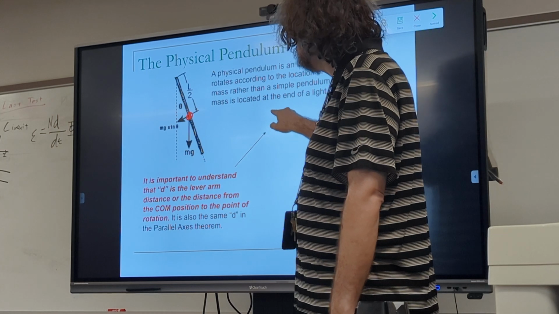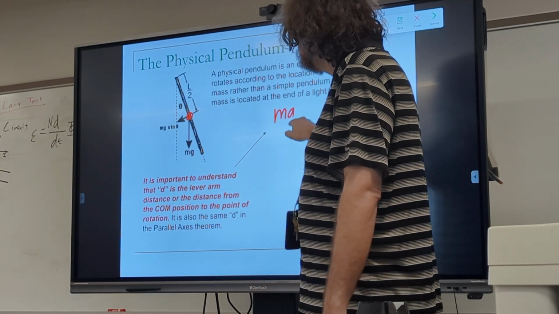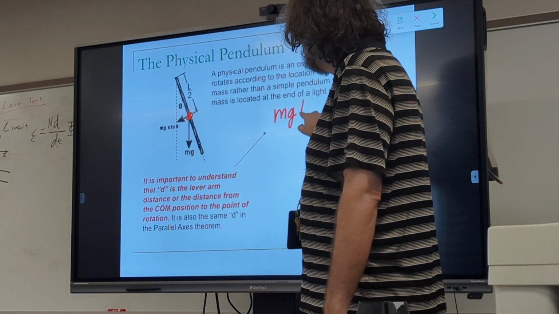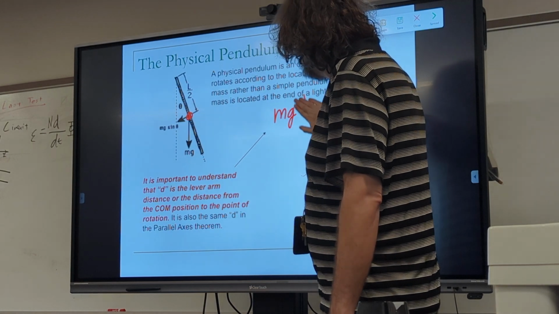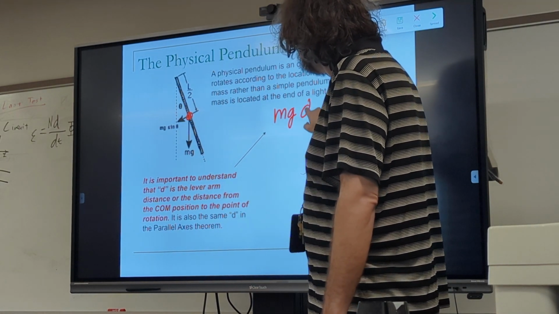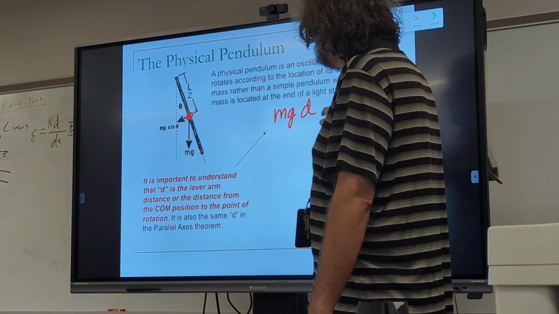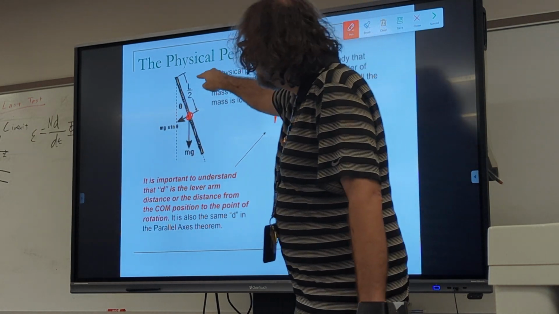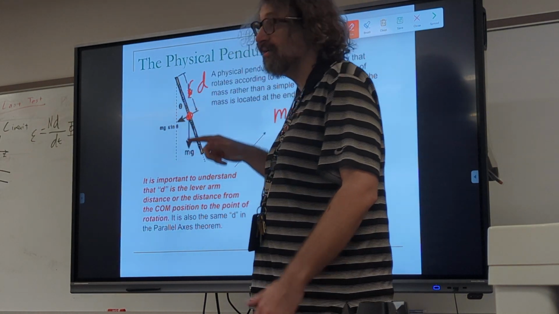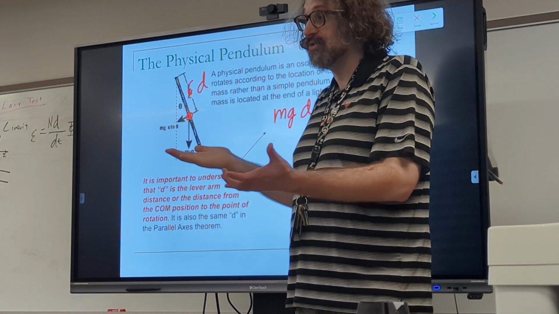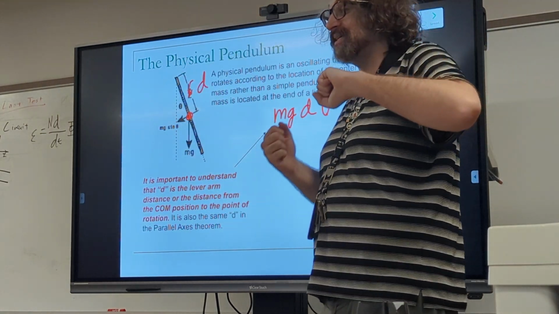So, what our torque would be is mg, in this case, instead of L over 2, I'm going to call it a distance d times theta. The distance d is the distance to the center of the rod. It doesn't have to be L over 2. It could be any distance.